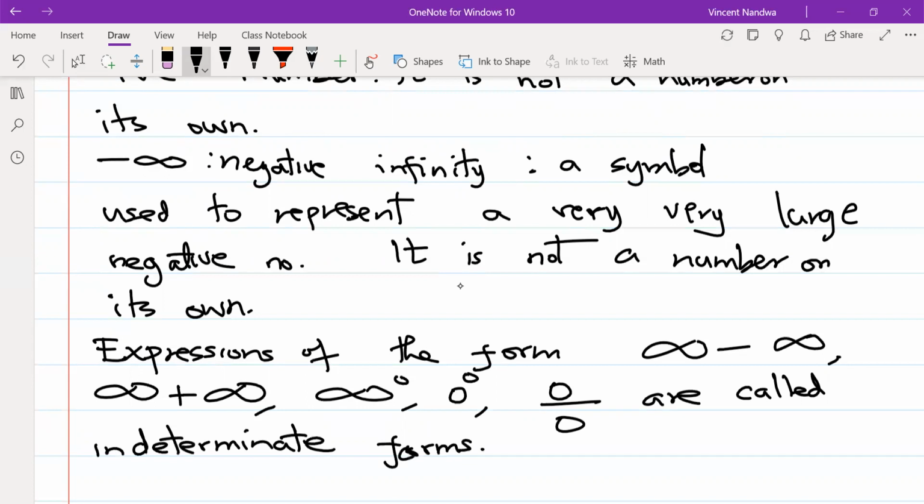When you say infinity minus infinity is not 0, infinity plus infinity, infinity power 0, 0 power 0, 0 over 0, those things are called intermediate forms.